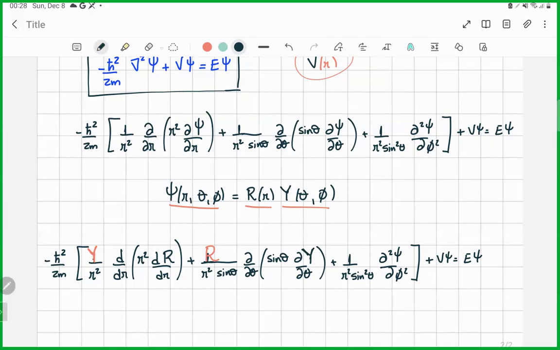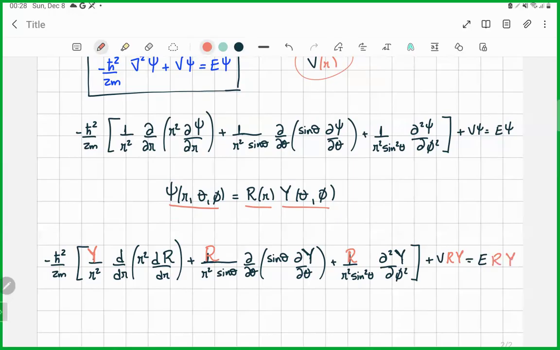And well, now the last term, again, we are going to put the R outside. And inside, we keep just the Y. In the derivative, we keep just the Y. Okay, now the rest of the equation here has R and Y equals energy R and Y.